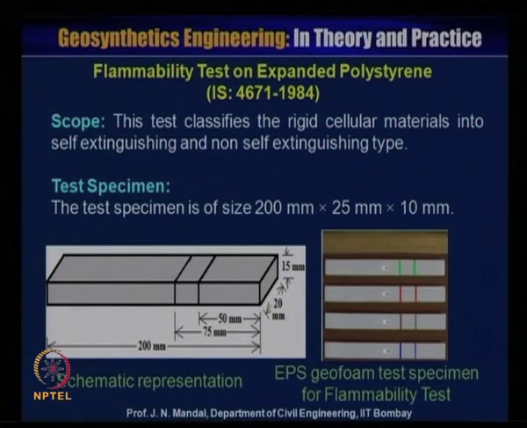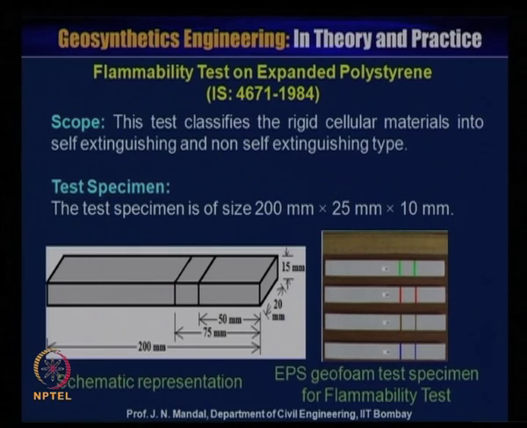Now, I will address the flammability test on expanded polystyrene as per IS 4671 1984. The scope of this test is that it classifies the rigid cellular material into self-extinguishing and non-self-extinguishing types.